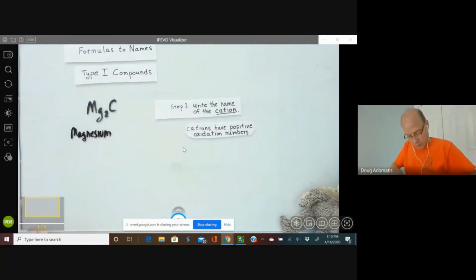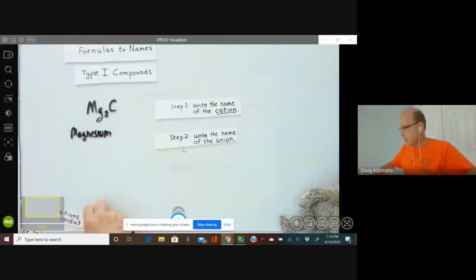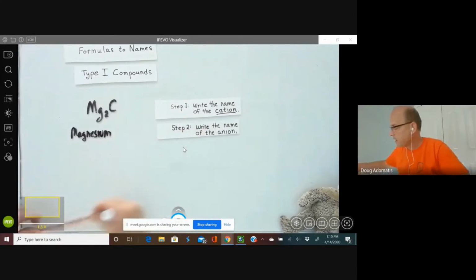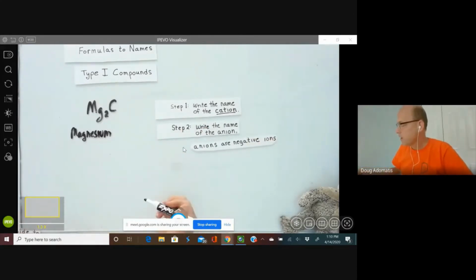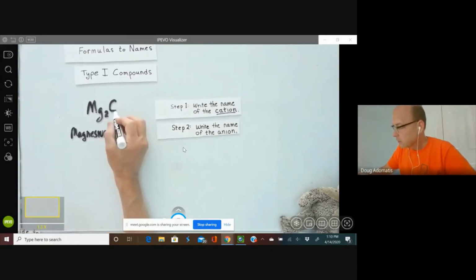Okay? And then step 2 is write the name of the anion. Anions are the negative ion. So this is an ionic compound, so one of them has to be positive, one of them has to be negative. Carbon, in this case, is our non-metal.